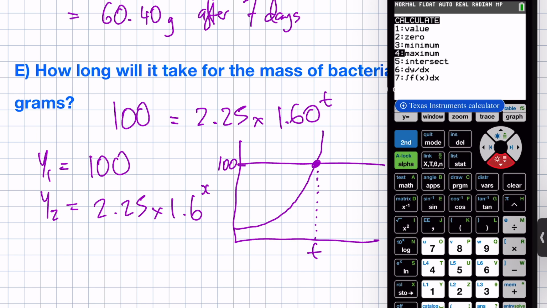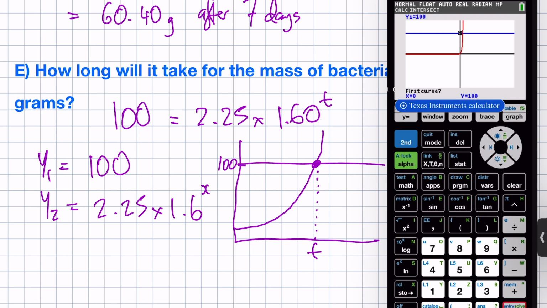So you go down to intersect. And this is going, what's the first curve? You just check in the top left. Is that Y1? Is that the Y1 that you entered? 100? Is that what we entered at the start? So you press enter. Is Y2 what I entered? Then you confirm that. You're just confirming things.